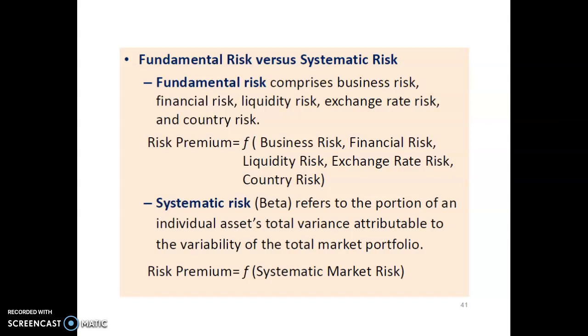So the risk premium includes business risk, financial risk, and up to country risk. So how about this systematic risk? Of course, it involves beta. So beta risk will impact directly your stock. It is part of the individual asset stock variance. Of course, the risk premium is the systematic market risk.